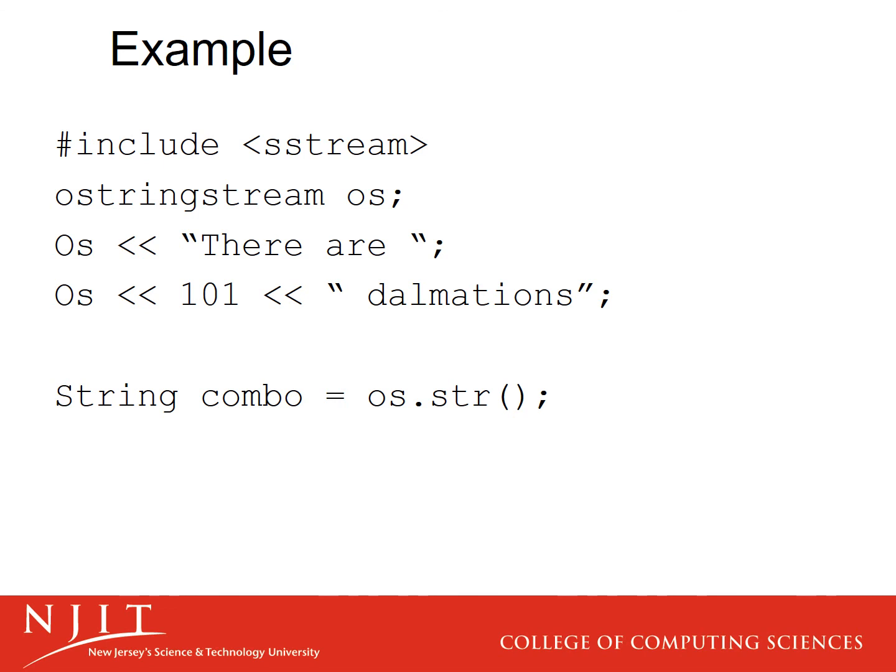Sometimes it's useful to combine a whole bunch of different things into a single stream and then read it all. This is a handy thing to have in your bag of tricks, particularly if you've got a whole bunch of things that you need to print out, and ultimately you want to print out a single string. Take all the different things, combine them into a string stream, and then use os.str() to actually print it out.